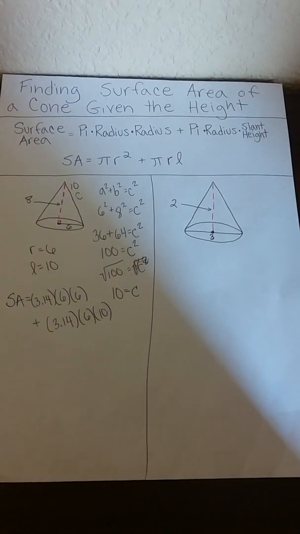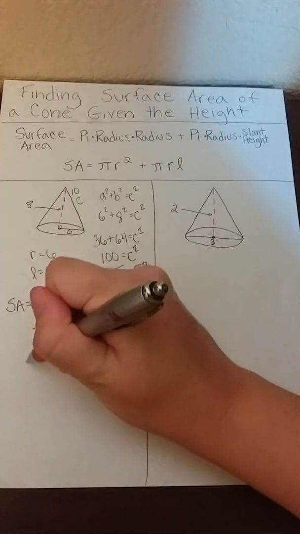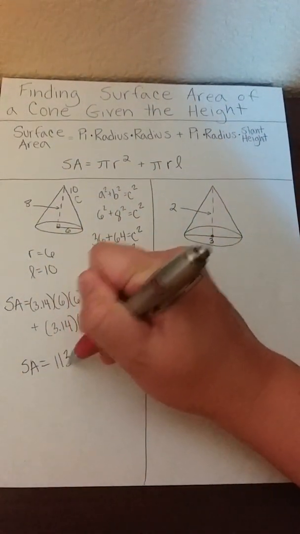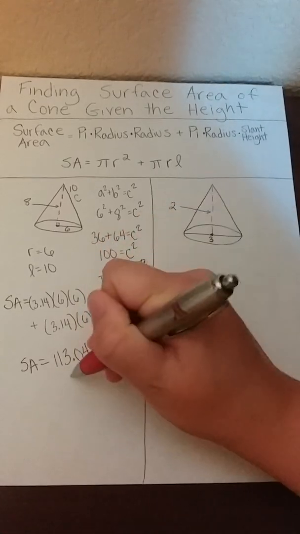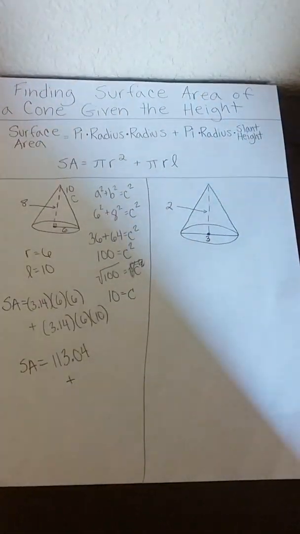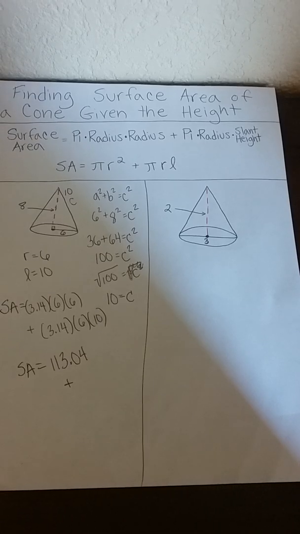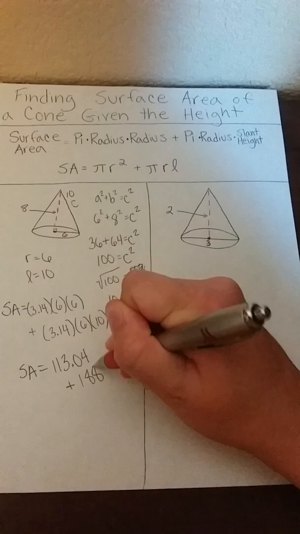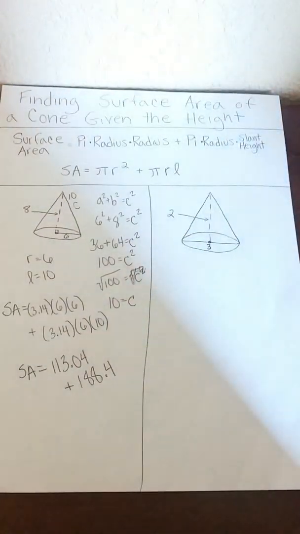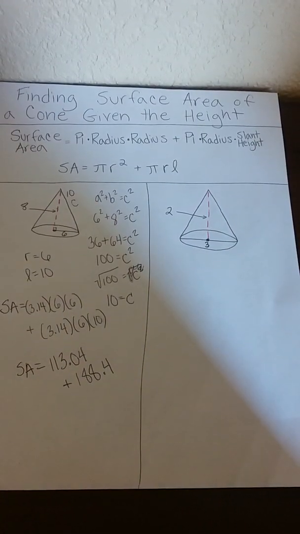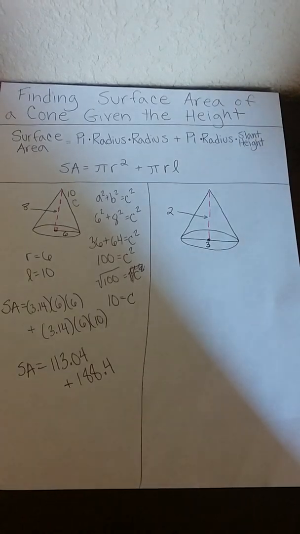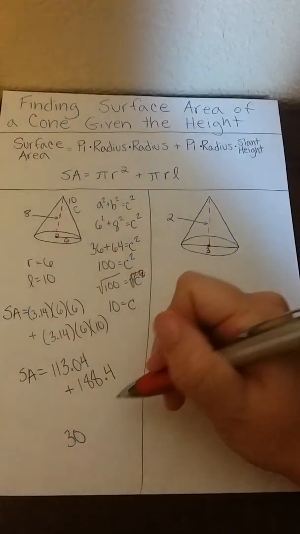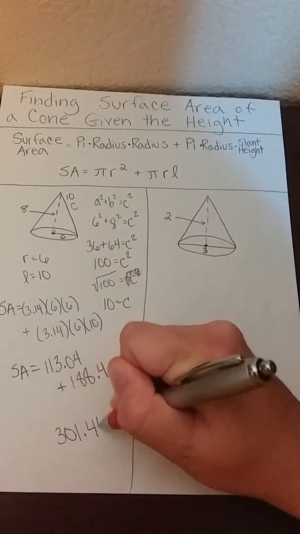So when you do 3.14 times 6 times 6, that's going to give you 113.04. Plus, when I do 3.14 times 6 times 10, I get 188.4. To get the final surface area, I'm going to add those two together, and the surface area is going to be 301.44.